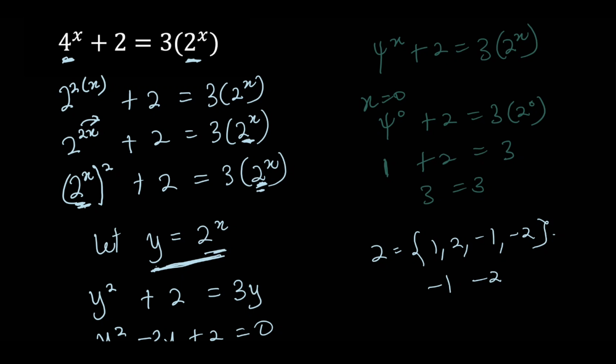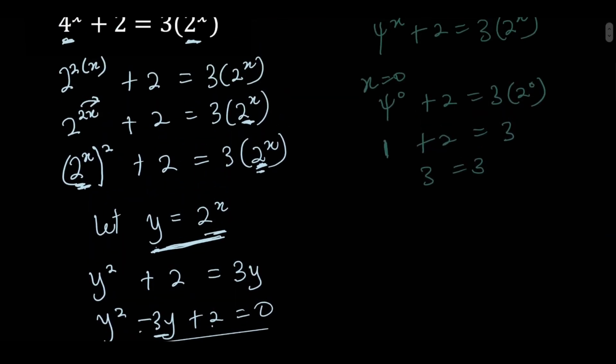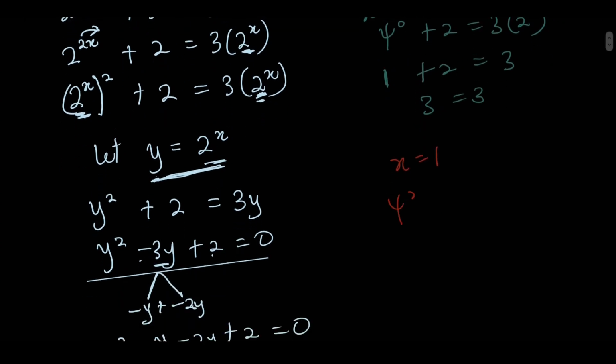And let's verify the second answer. So we had x to be 1. Okay. So since x equals 1, 4 to the power x plus 2 equals 3 into bracket 2 to the power x. So 4 to the power 1 plus 2 equals 3 into bracket 2 to the power 1.